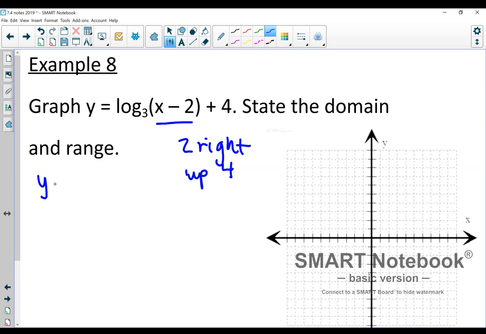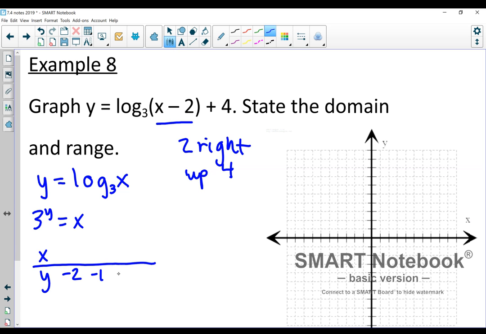I'm going to make a table for y equals the log base 3 of x, and then I'm going to shift that table. And I do need to change this to exponential form. This would be 3 raised to the y power equals x. And then for my table, I'll have -2, -1, 0, 1, and 2.